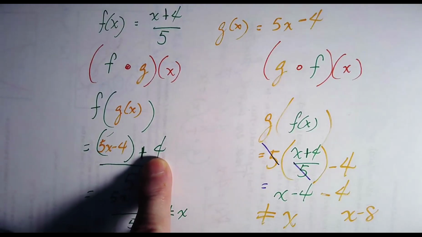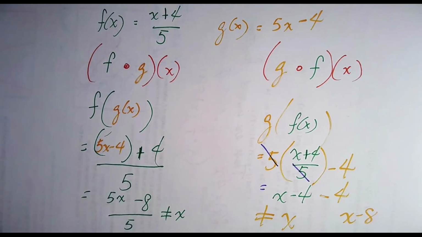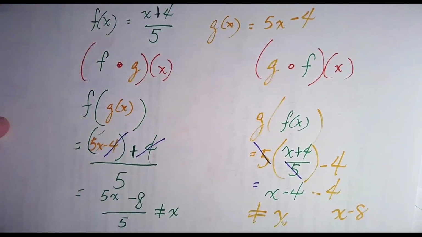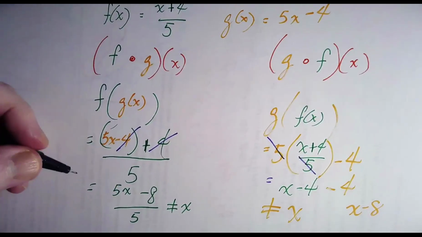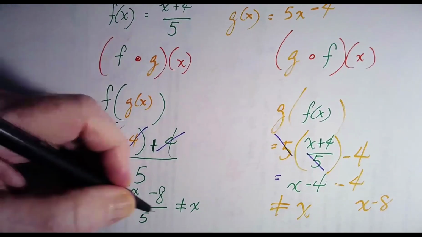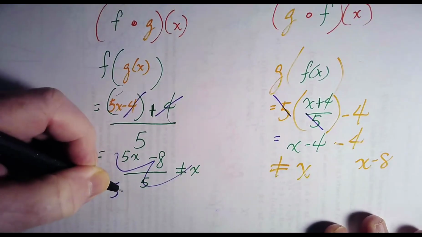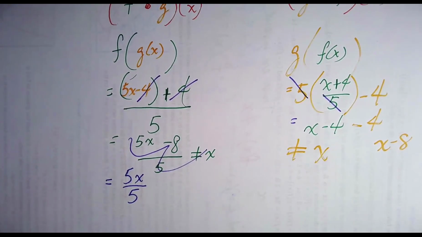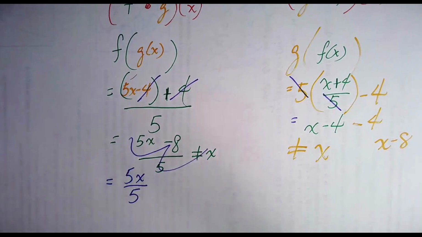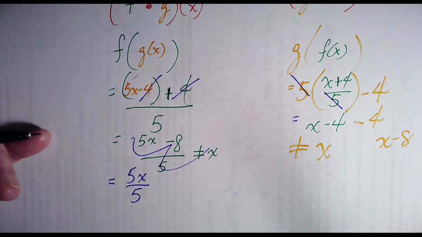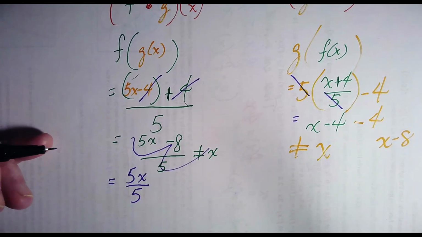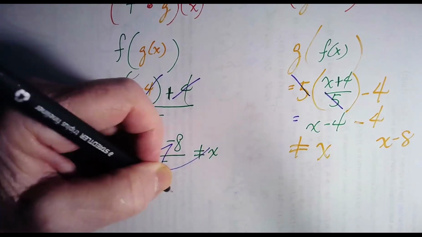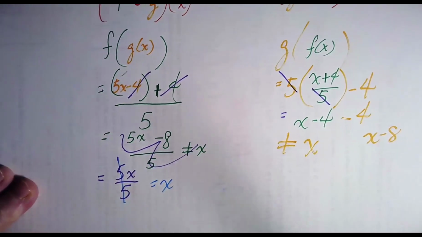Negative 4 plus 4. Now I have 5x over 5. And what happens? The 5s cancel out. Very good. And we're left with x.